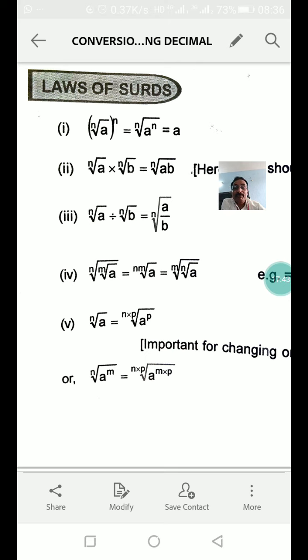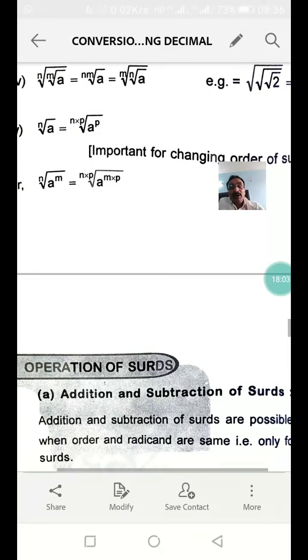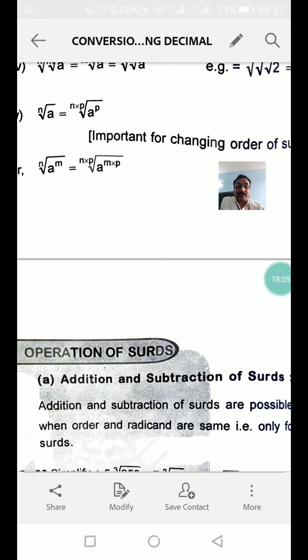In this way, nth root a equal to np root of a power p, or nm root of a power m. In this way, you get the laws of surds.